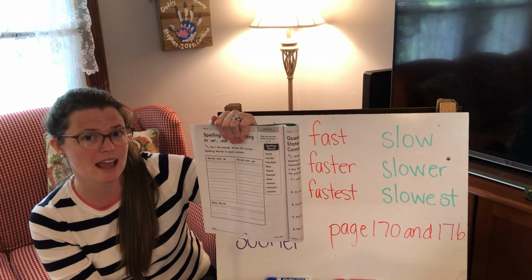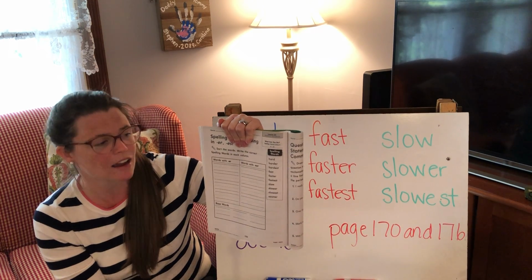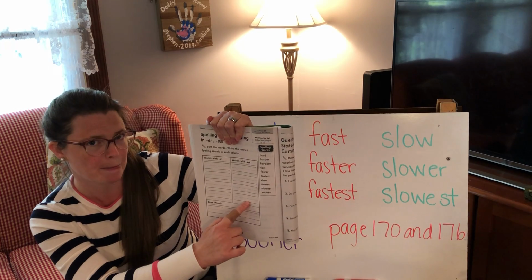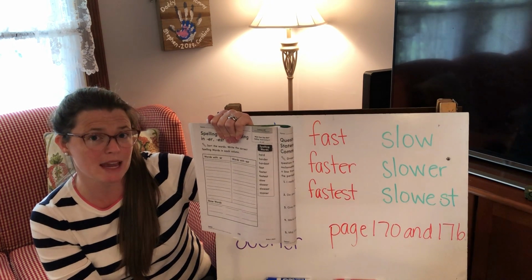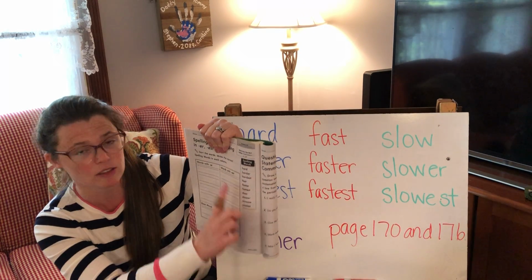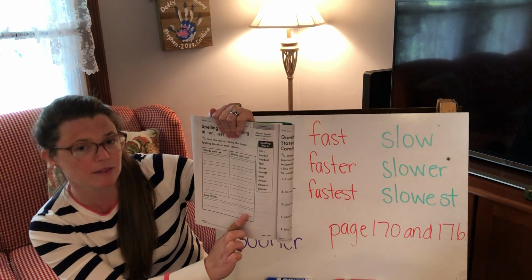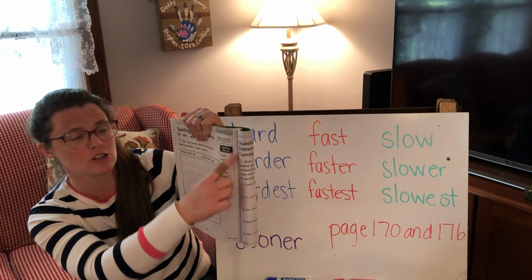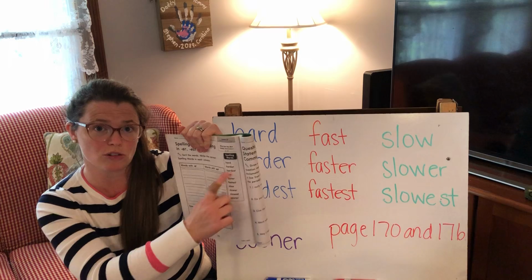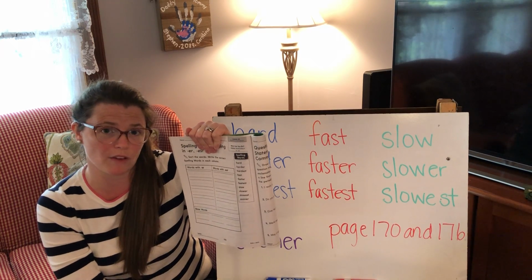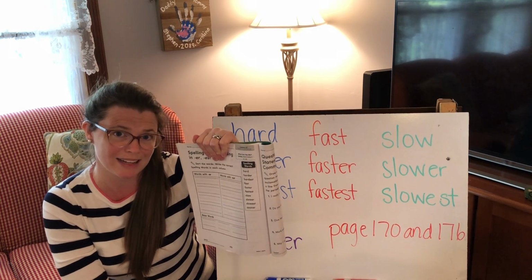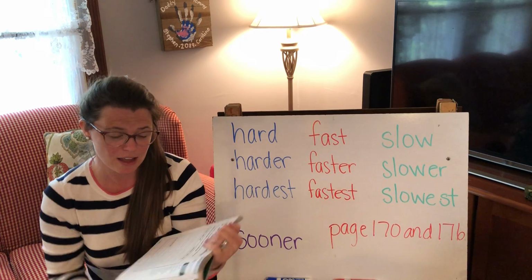All of the words that end with est are going to go in this column. All of your base words in your list are going to go down here. So here's your word bank. Make sure you're crossing off the words that you've already used because that will make it easier in the end, okay?